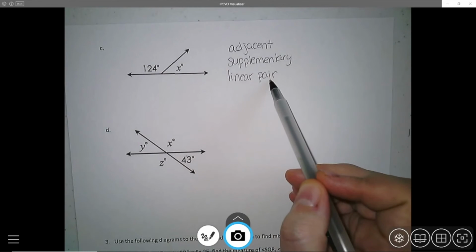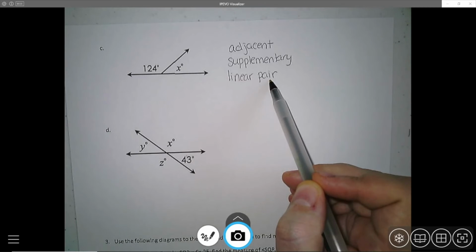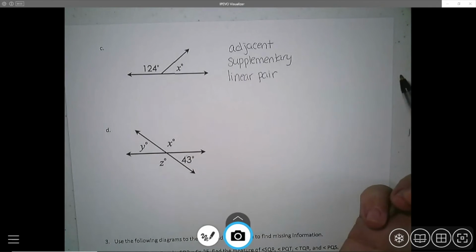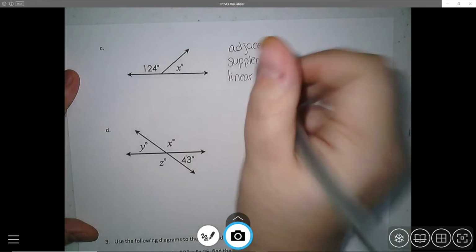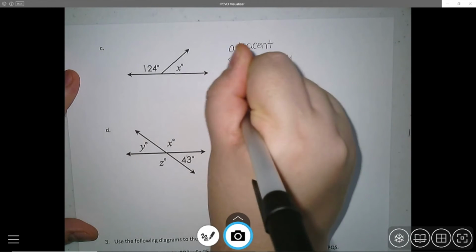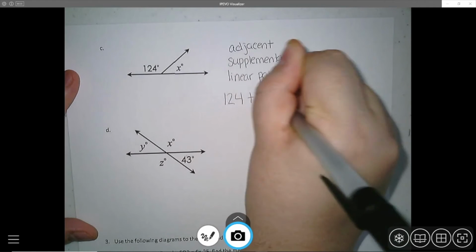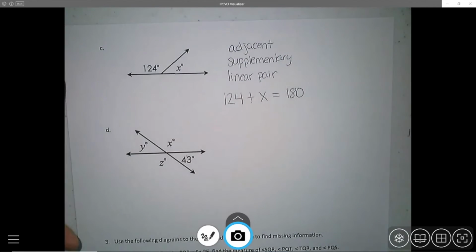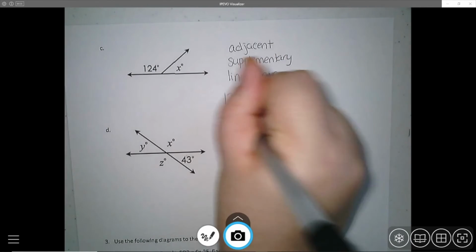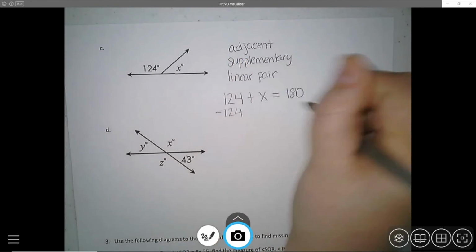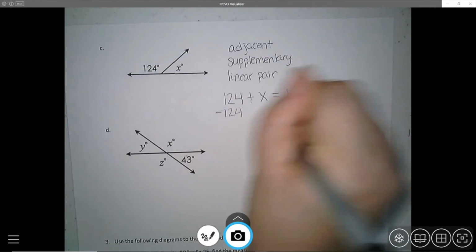If they're supplementary or a linear pair, the special relationship about linear pair and supplementary angles is that these angles add together to be 180 degrees. So simply 124 plus X equals 180. That's how you set up any equation that is supplementary or a linear pair. To solve for X, subtract 124 on both sides.